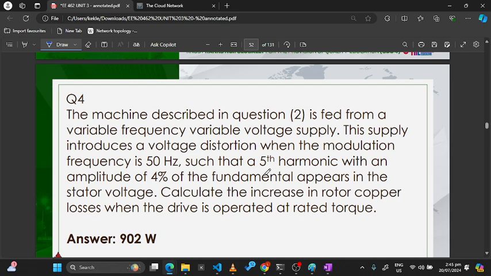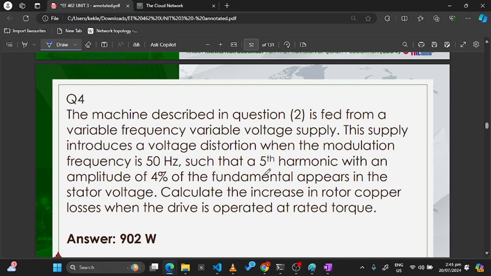So that means aside from the fundamental frequency stator voltage, there is a fifth harmonic whose magnitude is 4% of the fundamental. Calculate the increase in rotor copper losses.